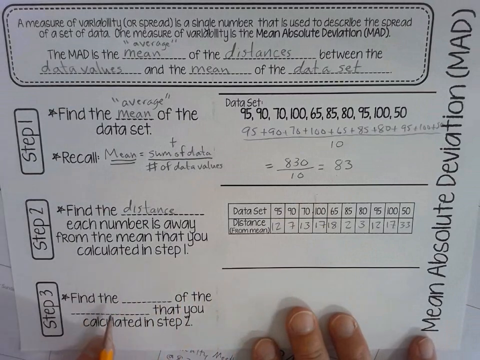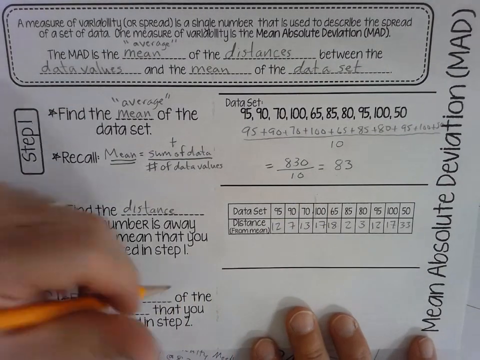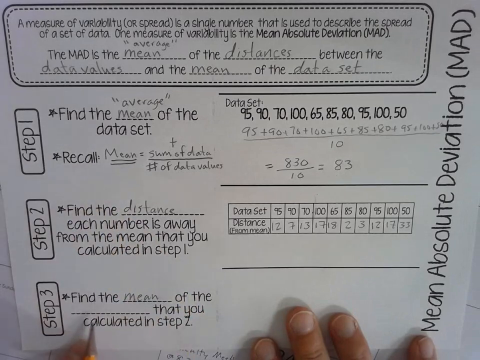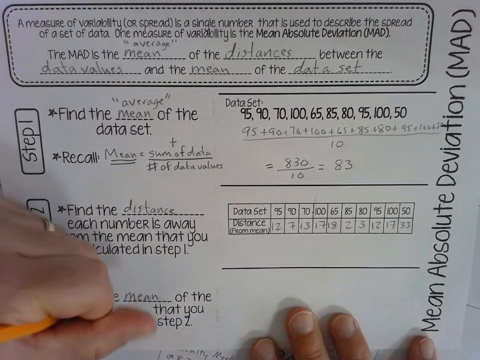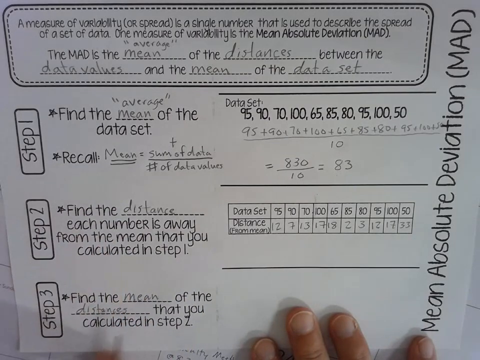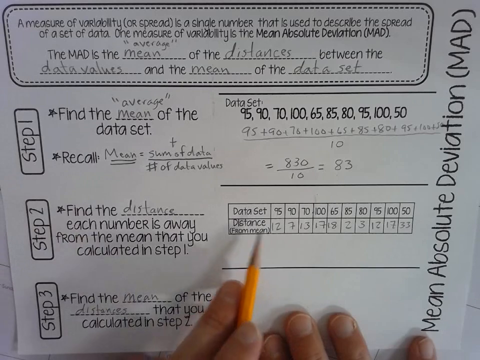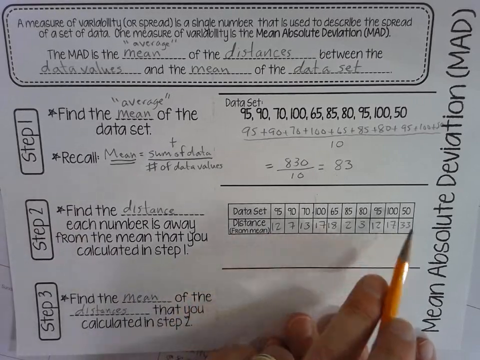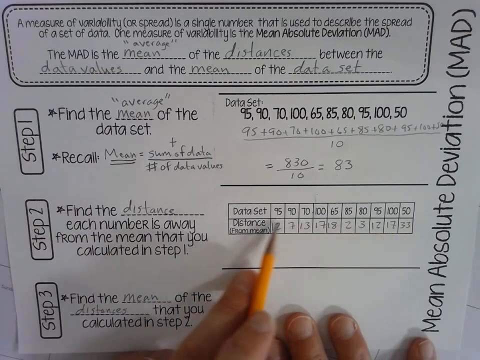Now, the last step is to find the mean of the distances that we calculated in step 2. We have to find the average of these distances.